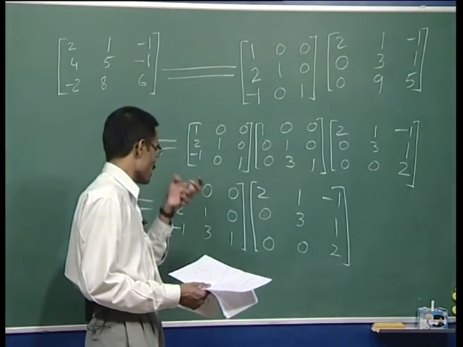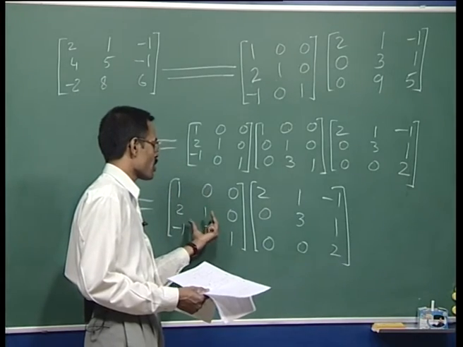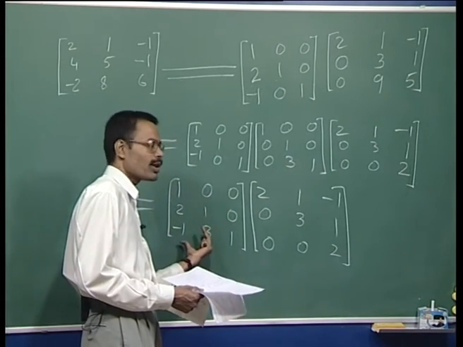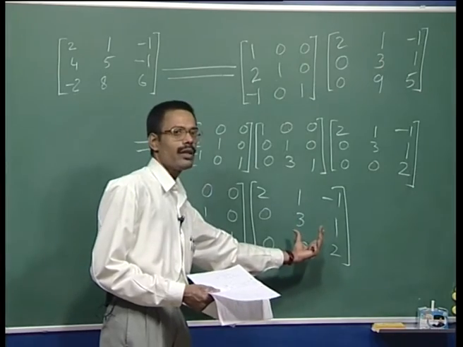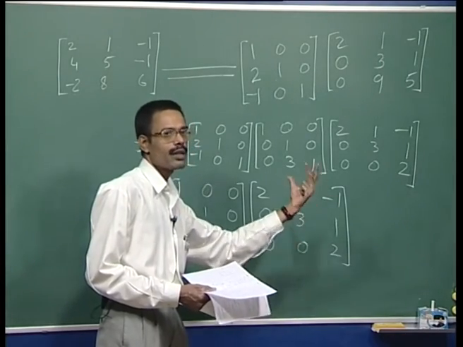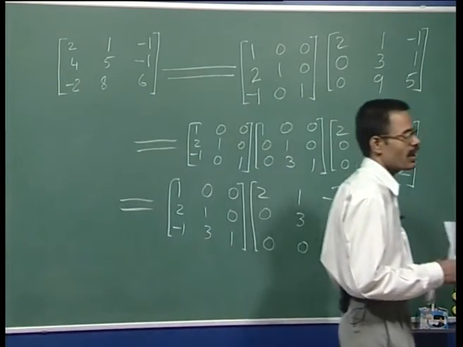So, here you have collected the set of elementary row transformations in the lower triangular matrix, and on that side the upper triangular matrix is remaining. So, this is the spirit of LU decomposition.